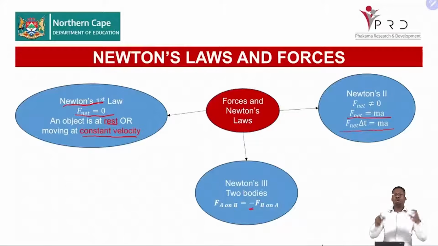And the majority of our marks come from writing the correct formula and substituting correctly. Let us not be obsessed with getting the correct answer. Let us be obsessed with writing the correct formula and the correct substitution.